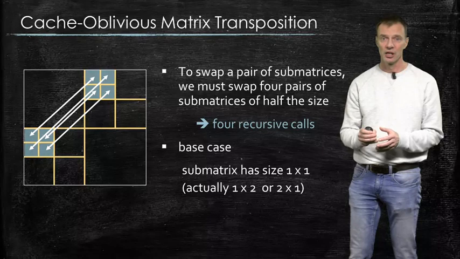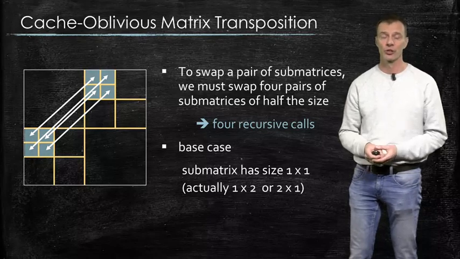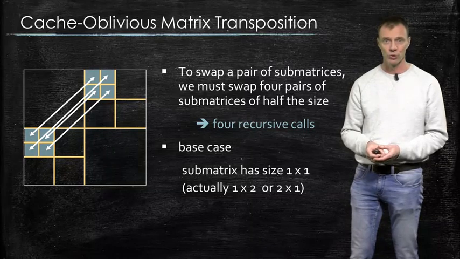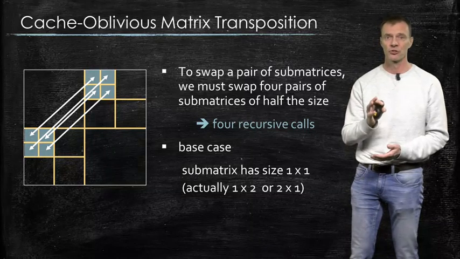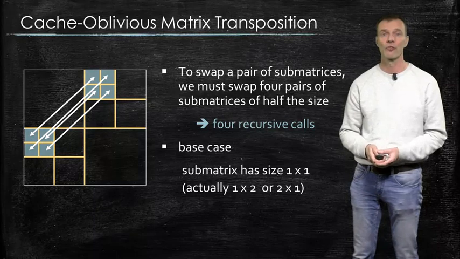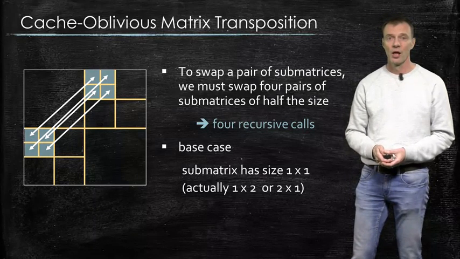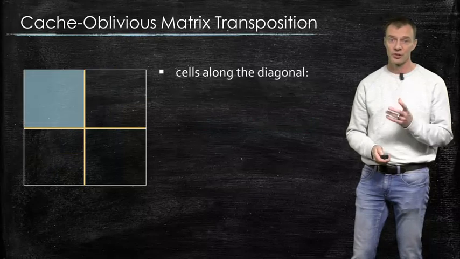Or actually, depending a little bit on the exact size of the matrix, it could also be 2 by 1 or 1 by 2, but that's not that important. Just think of it as you continue until you have submatrices of size 1 by 1. Okay, so this is the plan.